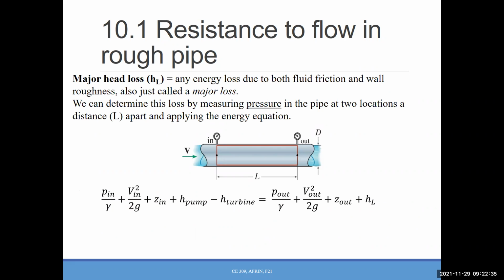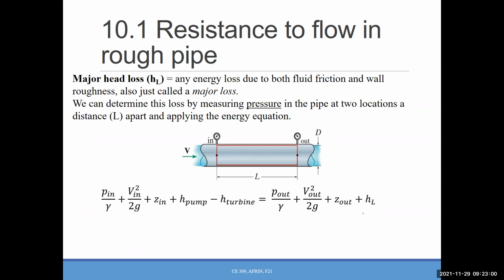So for major loss, we can calculate it by experimentation, and obviously the energy equation is the one we have to use. Let's find out what the expression for the major head loss should be.